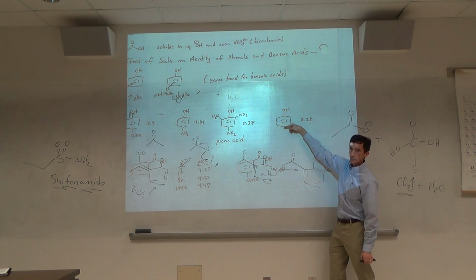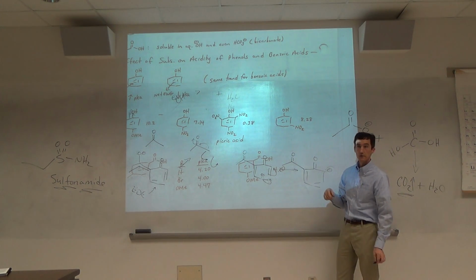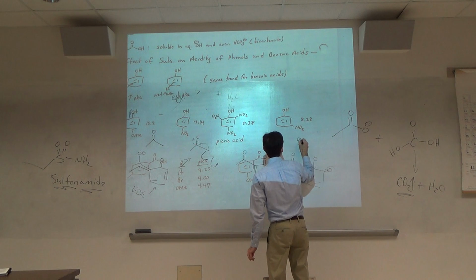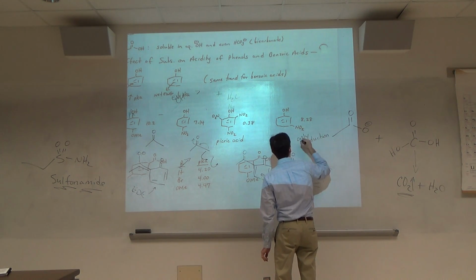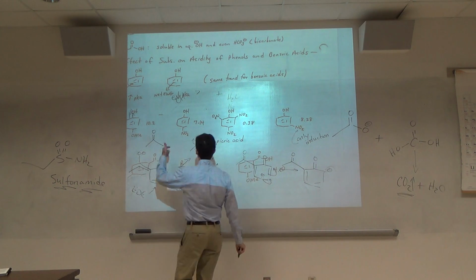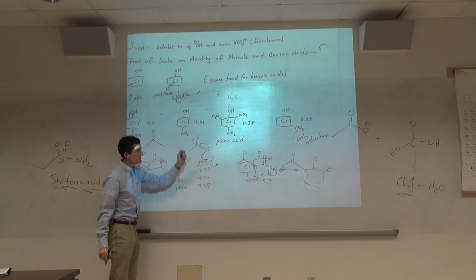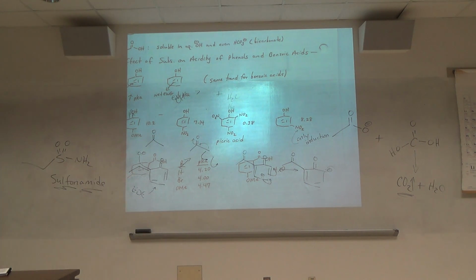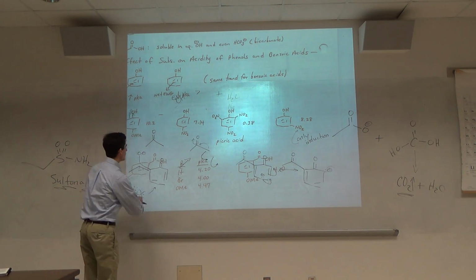Because even though you can't do resonance, still you have inductive withdrawing of the nitro. And so you have only induction. Where over here you have induction and resonance, making it more acidic. That's going to take you sitting down and really looking at the resonance structures, okay? We just don't have time to sit down and go through all that.